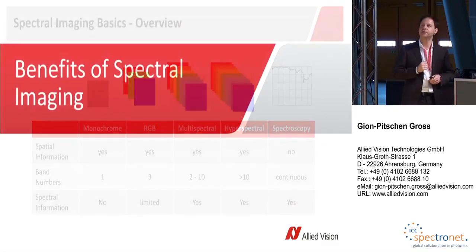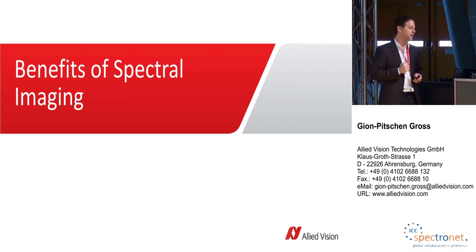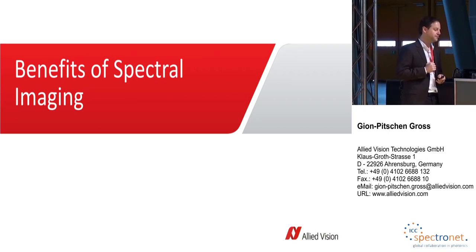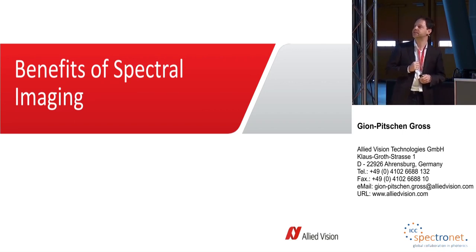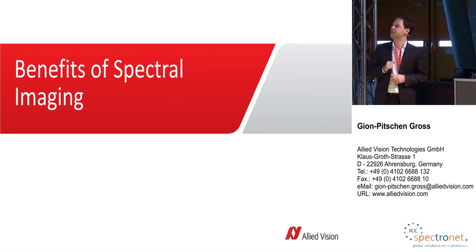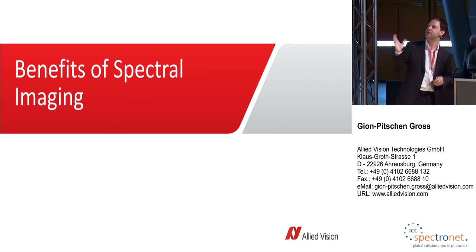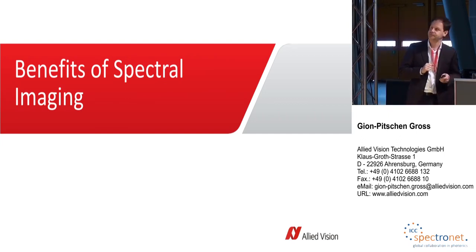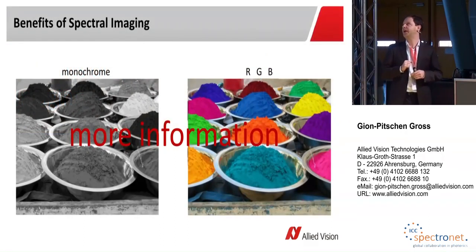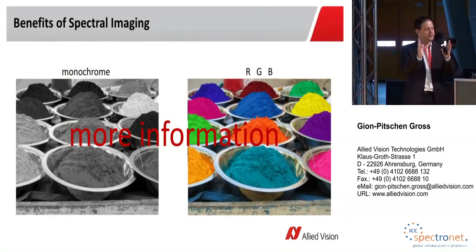So what are now the benefits of spectral imaging? If we have a monochrome image, it is hard for us to distinguish many different things. So on this image, we can maybe distinguish 4, maybe 5 different shades of gray. If I apply a red filter, which is just the red channel, I can see that I have a lot of red information in the middle and also to the sides.